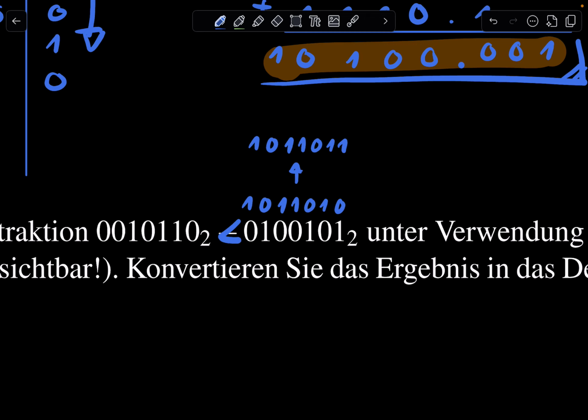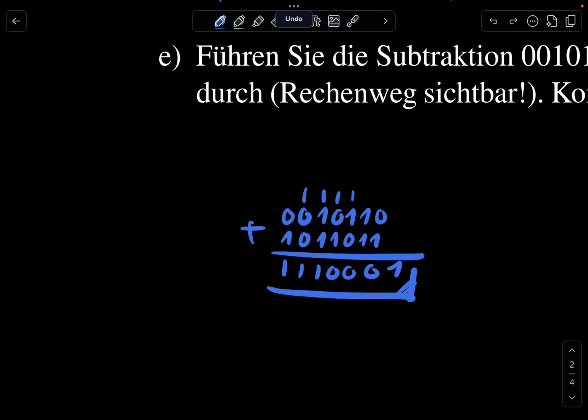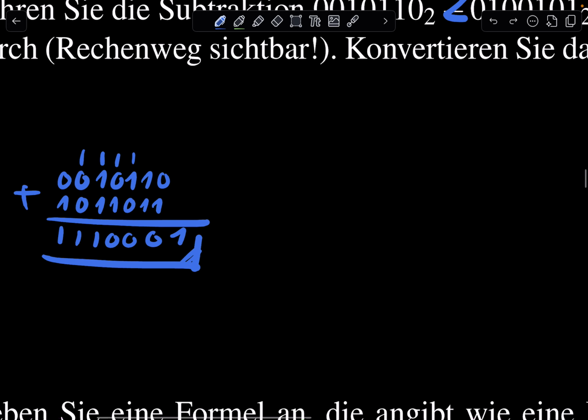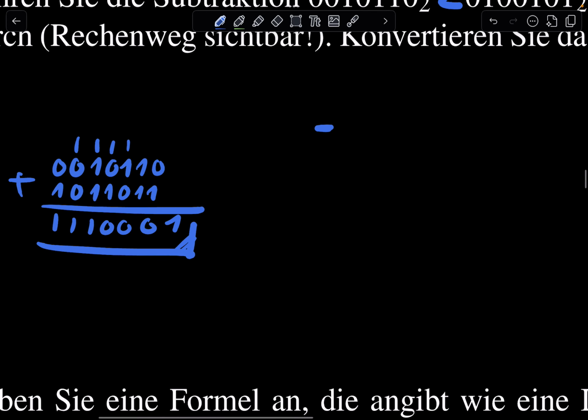Meaning this one's bigger, meaning our result will be negative. As you can see, we have a negative thing here. So we know for a fact it's negative, so we're going to write a negative. And we're simply going to rewrite our solution so it's positive, so to speak. So we just do the opposite. So we're going to do the complement of this, the second complement of this, so to speak.